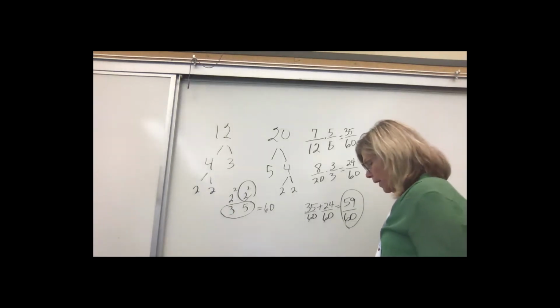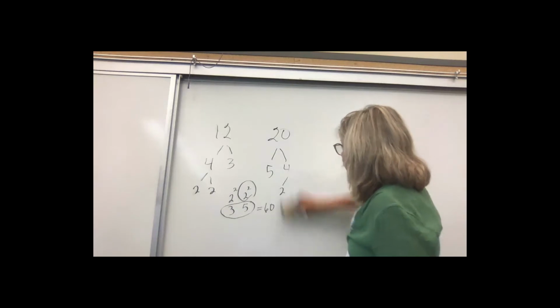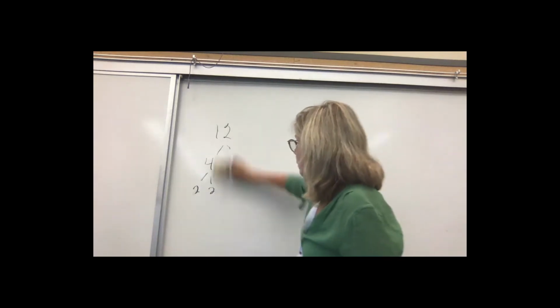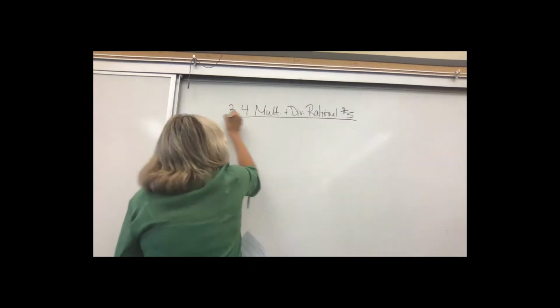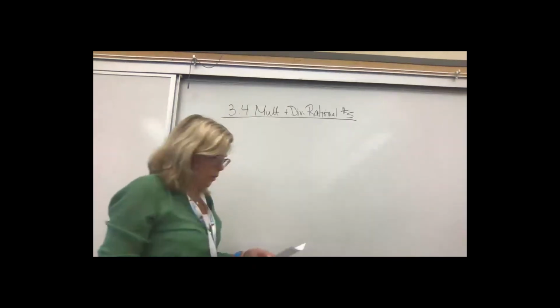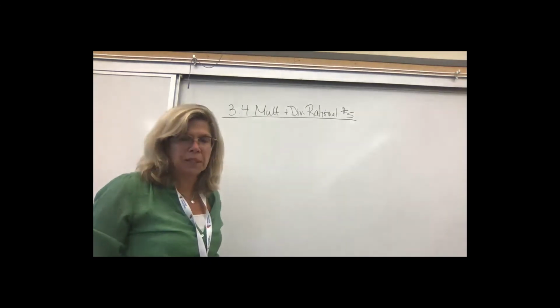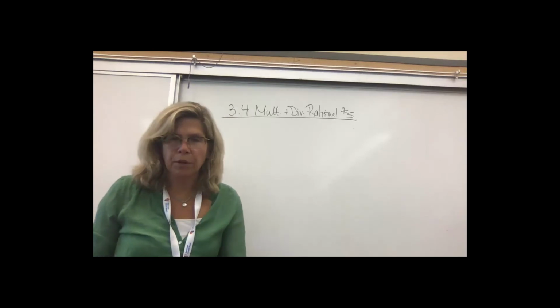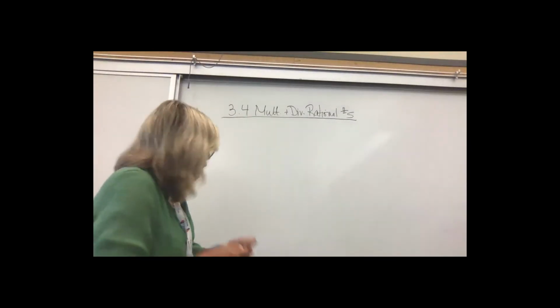Okay, now let's do section 3.4. And 3.4 says multiplying and dividing rational numbers. So in this case, we're just going to go back over some of the algebra that you know to be true and you've learned over the years.